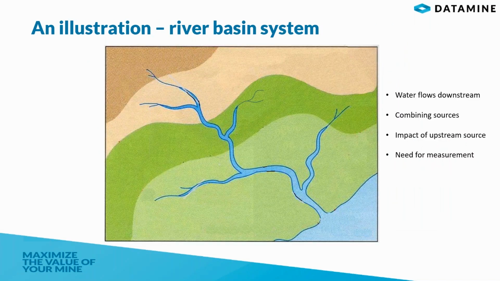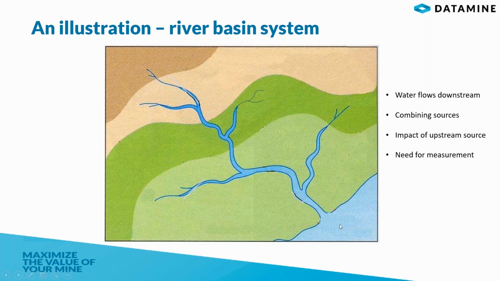Let's look at the concept of contributor. Here is a picture of a river system in which waters will flow from various sources and combine at various points in the system, all the way downstream to the lowest point.